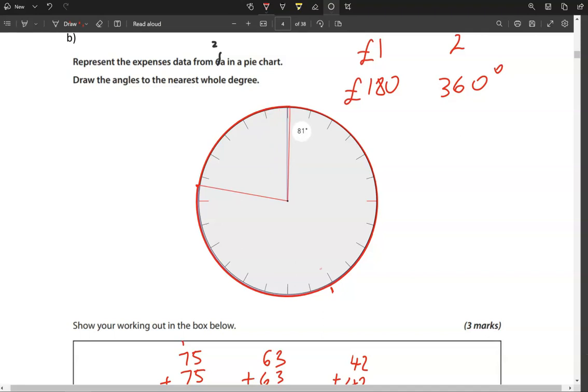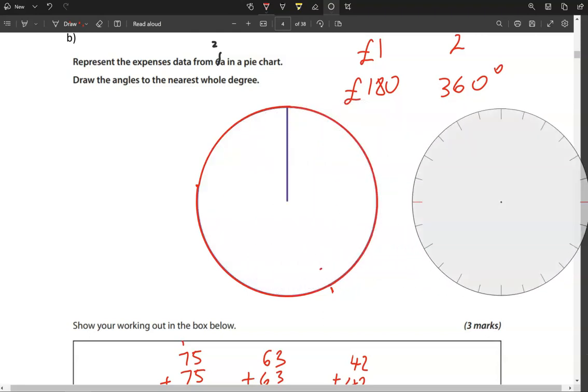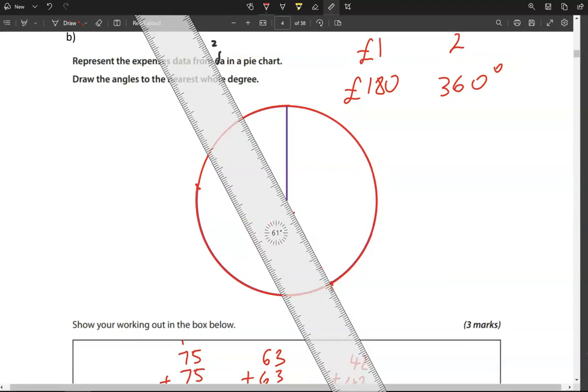That is 80 in fact, so what we're going to do is give these other two sectors about 2 degrees less, so somewhere here and somewhere here. Now I'll use a ruler to connect the 2 points with the center of the circle.